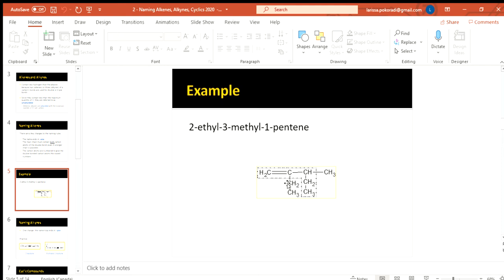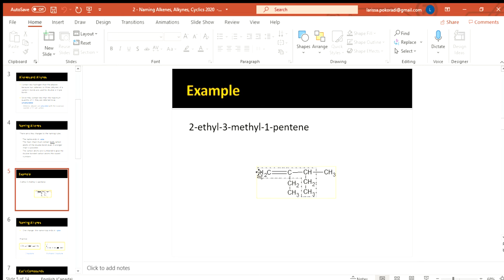So I say that because our longest main chain, if this were an alkane, would be kind of this horseshoe, right? We can make 6 carbons long. However, if we were to do that, we wouldn't have this carbon, which is part of the double bond. That is one of the rules, right? So we can't do that anymore.